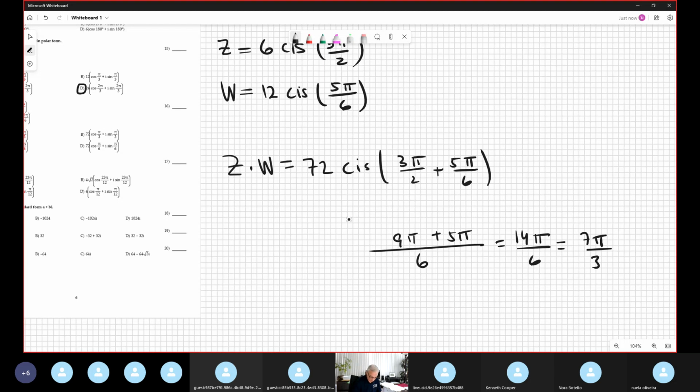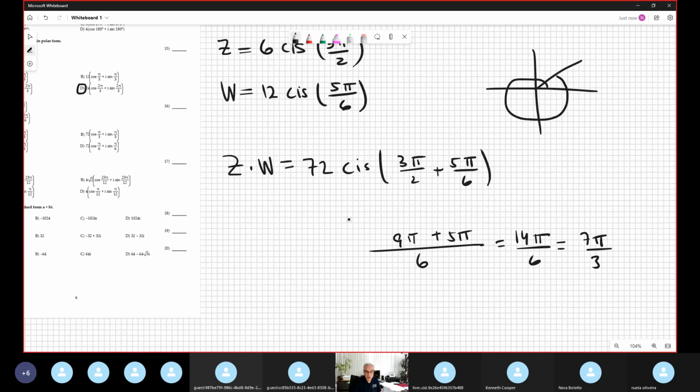But 7 pi over 3 is bigger than 2 pi. If you put 7 divided by 3 in the calculator, it's 2.3. So I need to find the coterminal angle in the first revolution. This is one revolution and a little bit more.